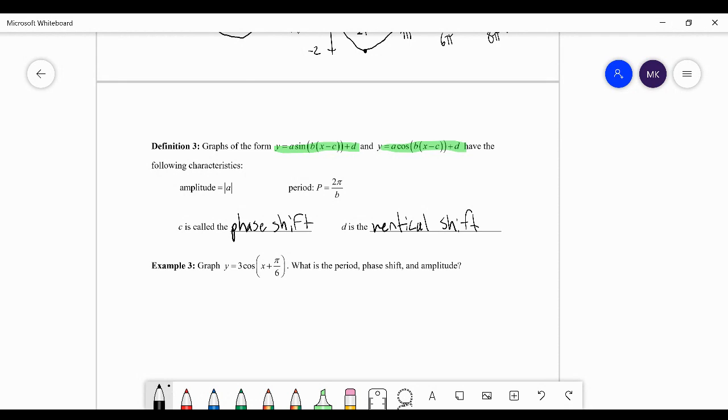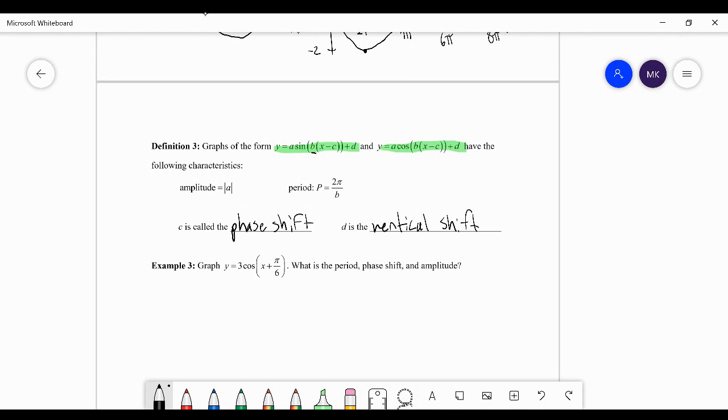Okay. So if we put all of this together, we can make this work. Now, in example 3, we're not going to have to deal with an alternate period, because notice the b value is 1, so it's nice and easy for us. We will have to deal with that in a minute, and I want to talk about that when we get to it. But right now I want to make a note. Notice how this is written out. It is b times parenthesis x minus c.